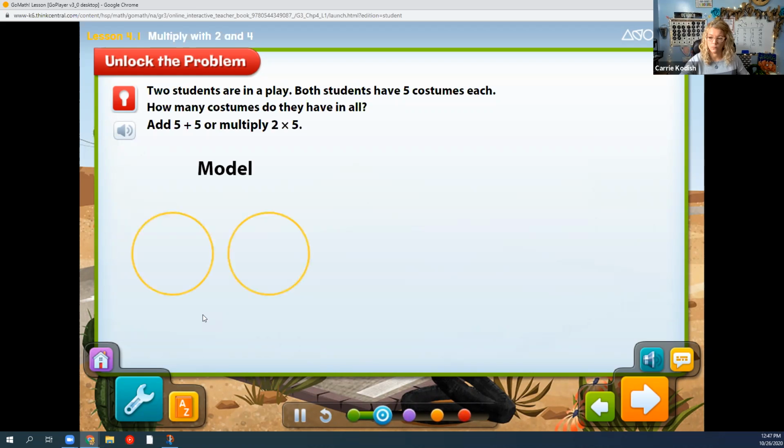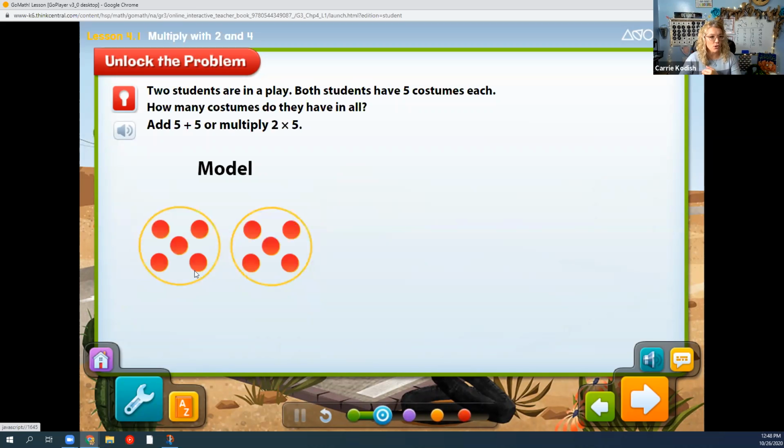There are 2 students, so use 2 large circles. You can use counters to show the costumes. Both students have 5 costumes. Show 5 counters in each circle. Okay, so again, what does this remind you of? Hopefully you're feeling a connection. This is repeated addition, 5 plus 5. Let's watch.